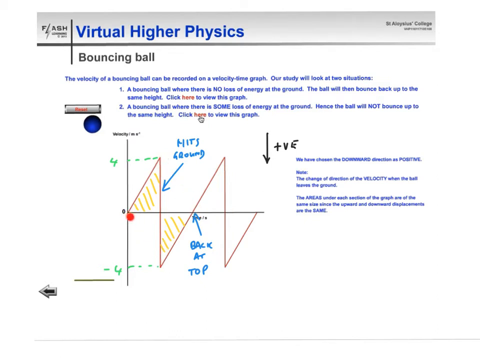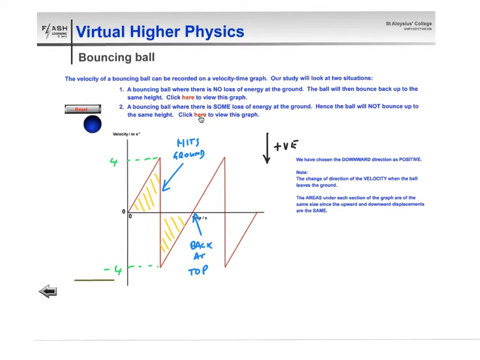So it would be reaching a downwards velocity of -4 meters per second, then changing to +4, and then it would decelerate to 0. That just depends on which direction you decide is positive. They've used downwards as positive on this graph, and then the cycle just repeats after that.